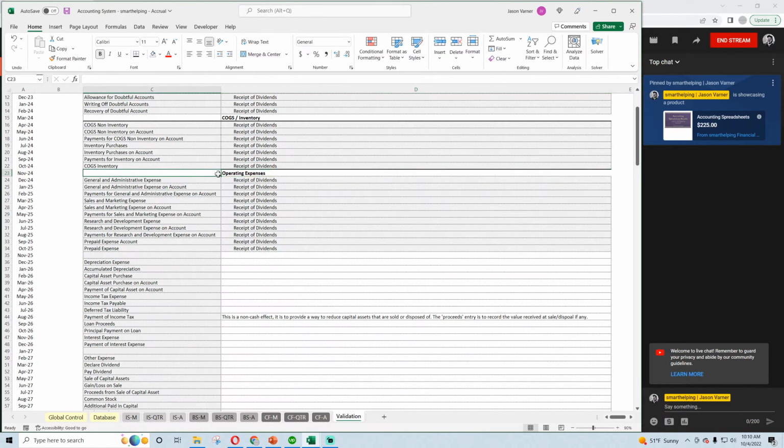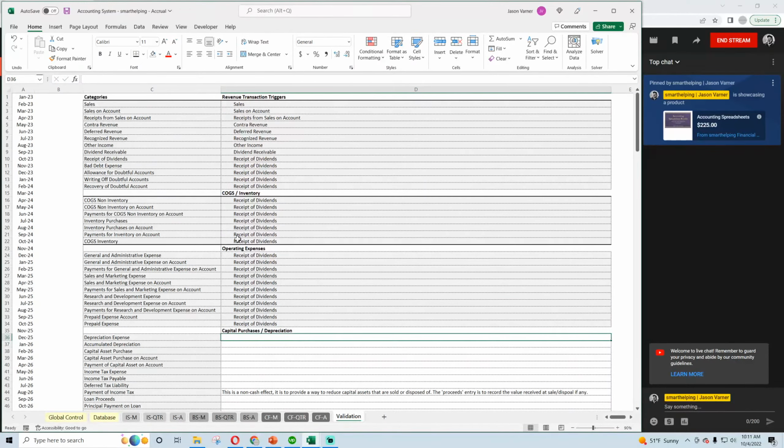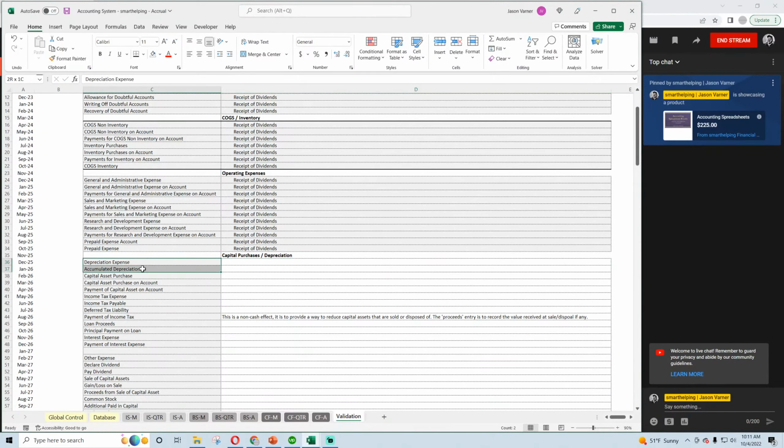So let's call this capital purchases, depreciation. So this is the depreciation expense obviously sits there, accumulated depreciation, capital asset purchase, payment.